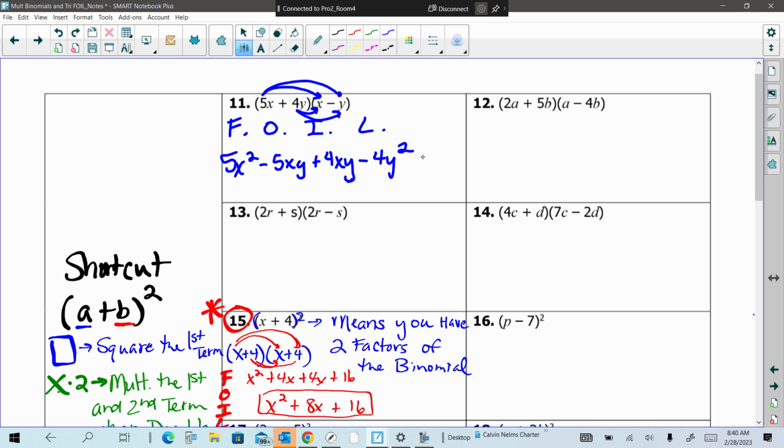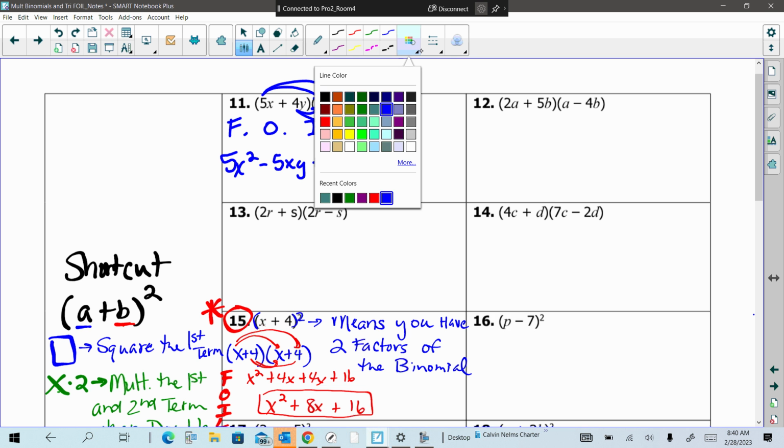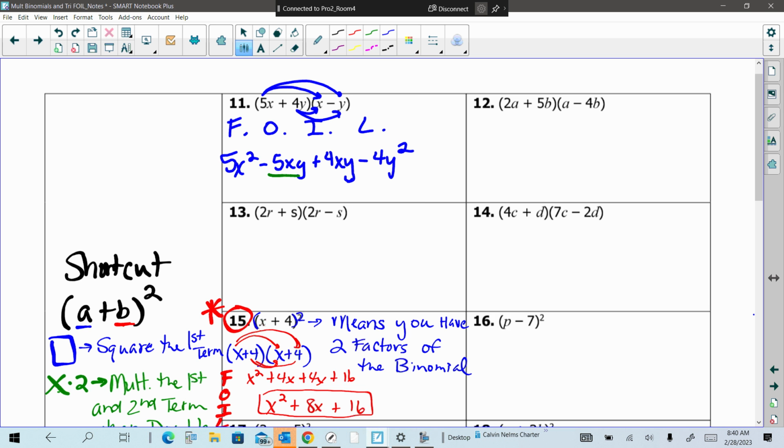So when we combine like terms, we're still going to have like terms right here with this minus 5xy and plus 4xy. So this would be 5x squared minus an xy minus 4y squared.